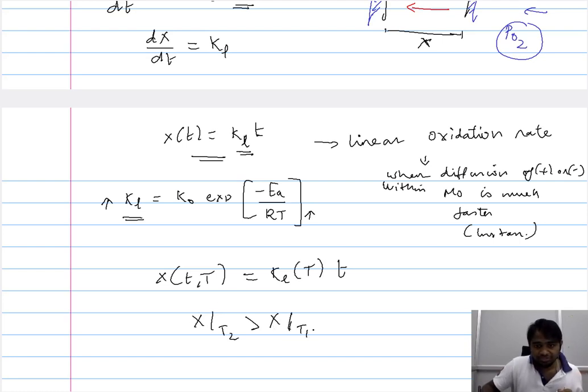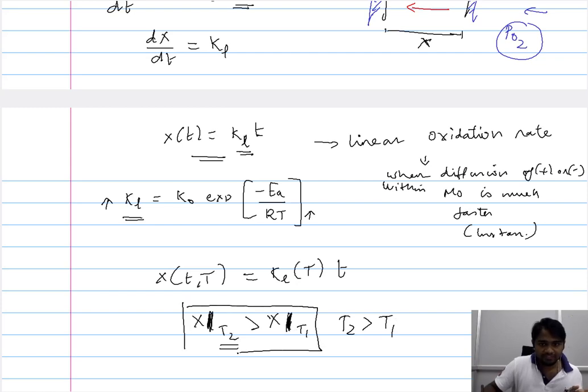So what you have is the thickness at constant temperature T2 relative to the thickness at constant temperature T1. It's not a ratio or anything, it's just a numerical way of representing a straight line. When the temperature T2 is greater than T1, then your relation here is satisfied.